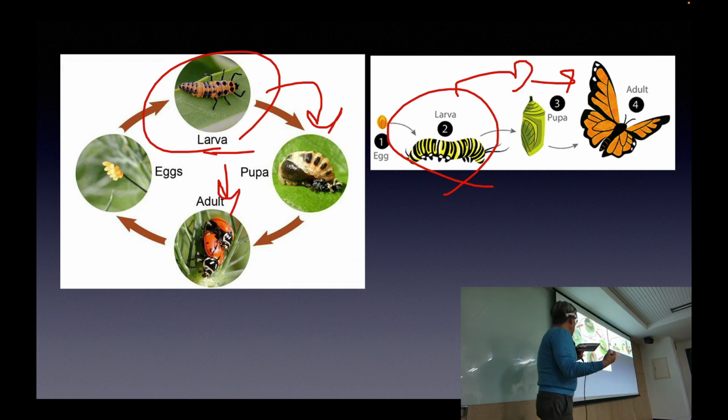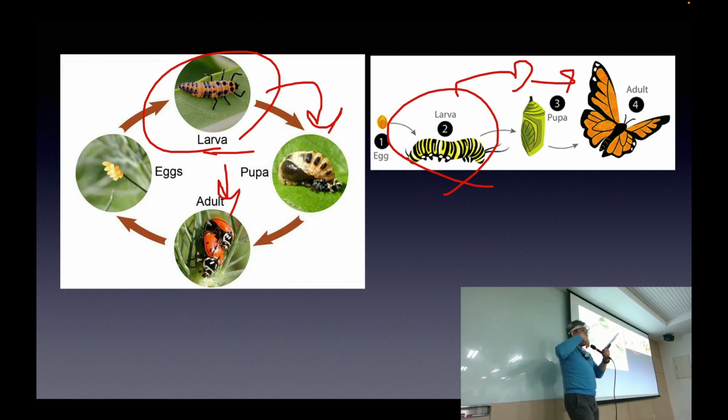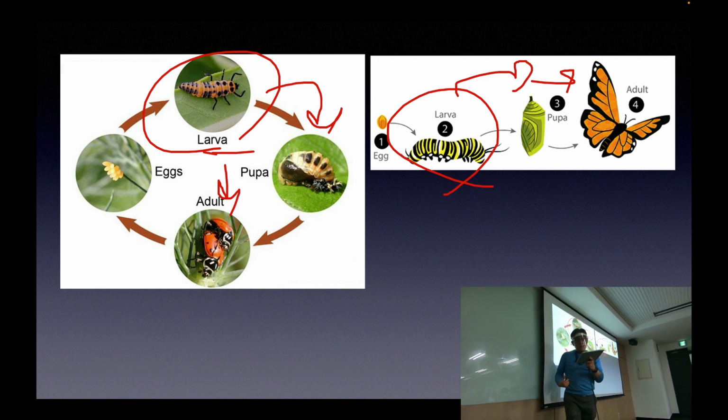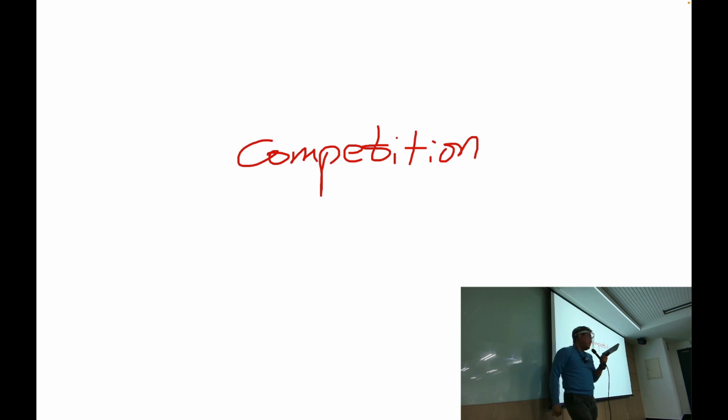There must have been a very good reason why insects adopted this radical way of changing, because it is beneficial for their adaptation to the environment. By employing metamorphosis, they can reduce, guess what? They can reduce competition.